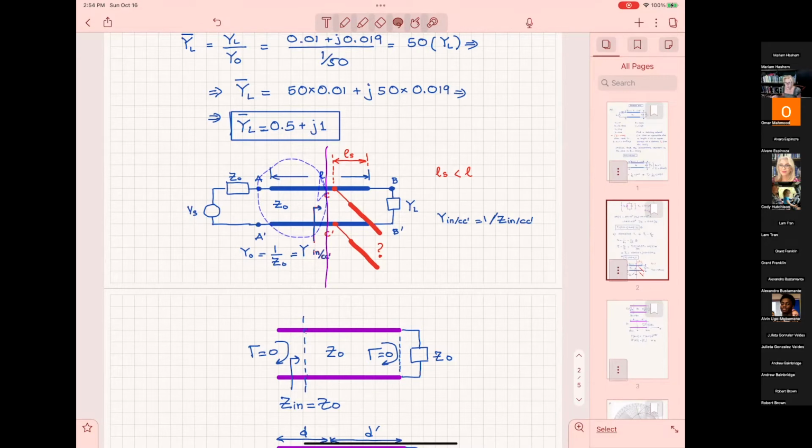So on that section of the line that I am highlighting, the magnitude of the reflection coefficient is 0. Therefore, if I make the magnitude of the reflection coefficient 0 at that reference point, it is going to be 0 everywhere else on the line here. All right?